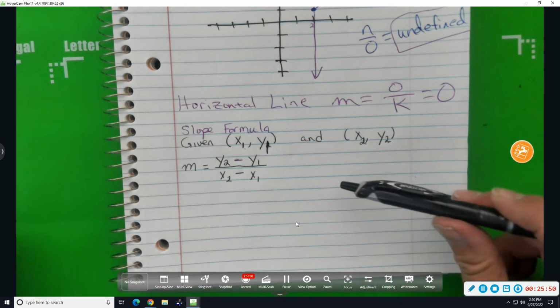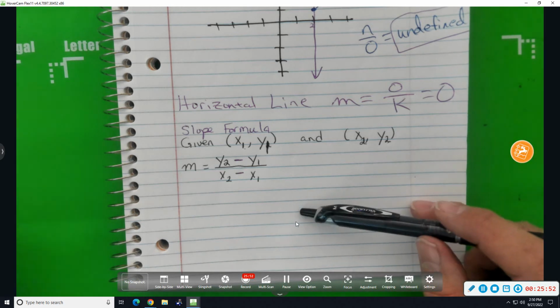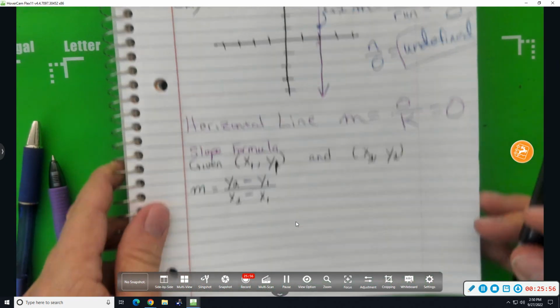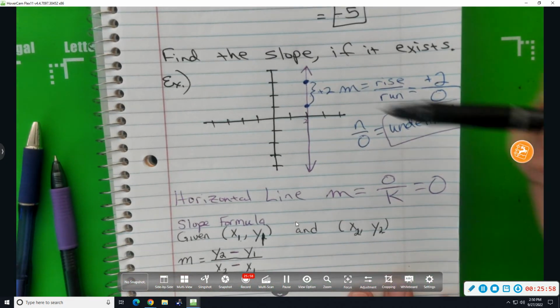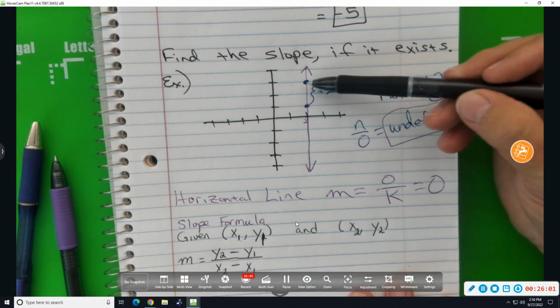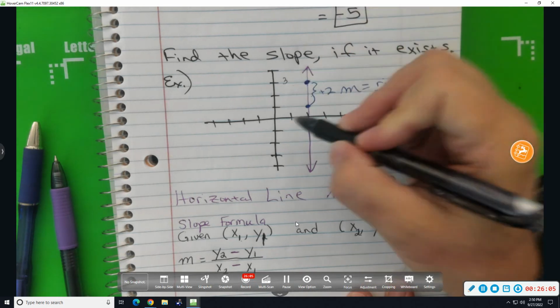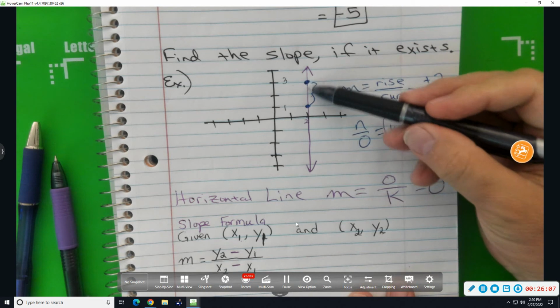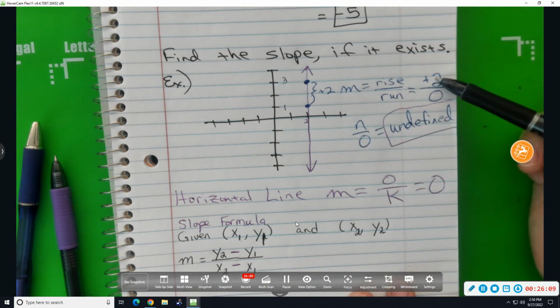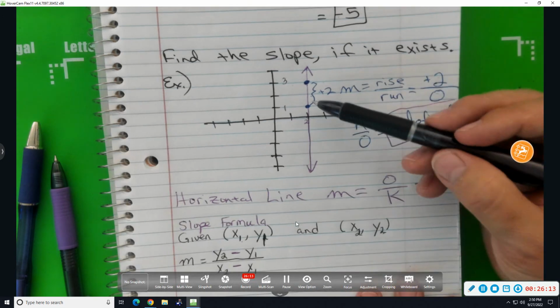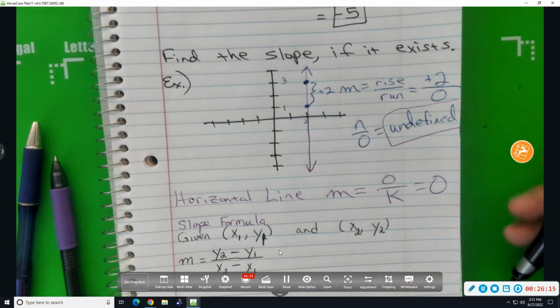And if you think about it, isn't that how we got the rise? That y value was 3 here, 3 minus 1, that gave us the rise of 2. Well, the run was 0, it was 2 minus 2, so a 0.